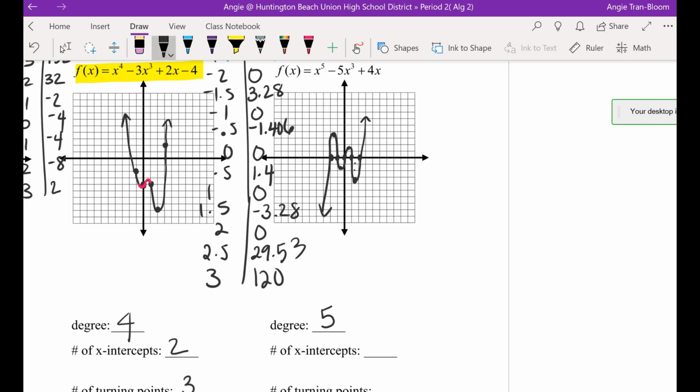Now look at it carefully. Kai, how many x-intercepts do we see? 5. An x-intercept is when it touches or crosses what? X-axis. Now count carefully. Madison R, how many turning points do you see? 4. So let's see. 1's right there, 2, 3, and 4. Yep, you are right. 4.